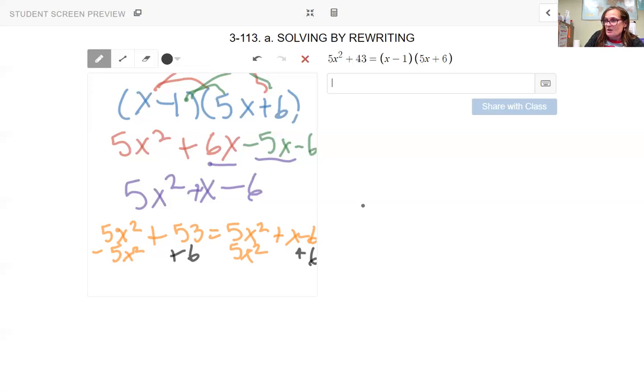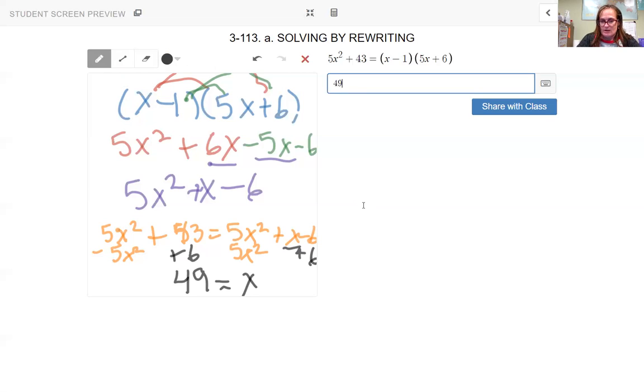Oh my word. I knew that sounded weird, but okay, let's change that into a 4. 6 plus 43 is 49. And over here, the only thing we have left is our x. So 49 equals x. That's the answer we put right here.